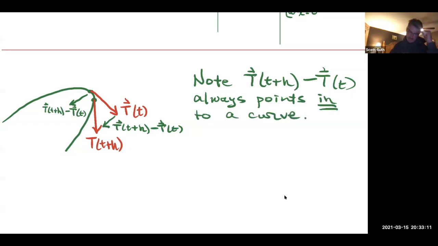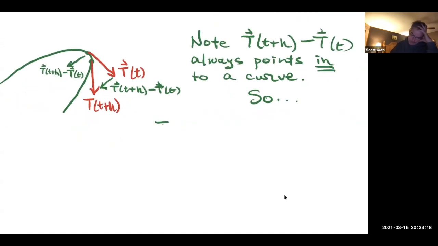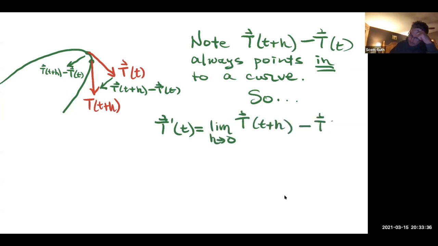Into a curve, I'll say. Okay, so T prime of t, which is the limit as h goes to 0 of T of t plus h minus T of t over h, points into the turn.